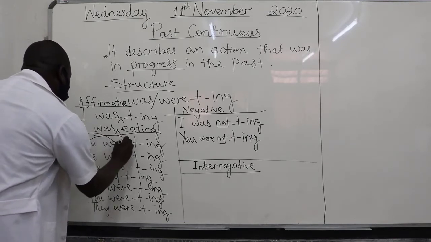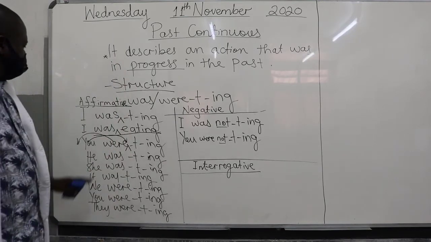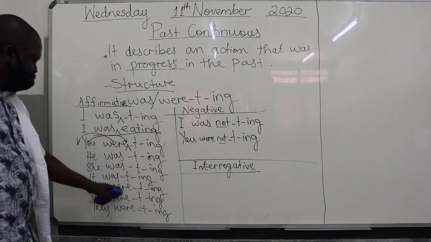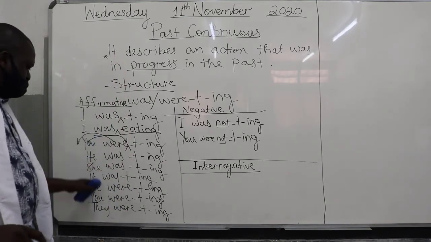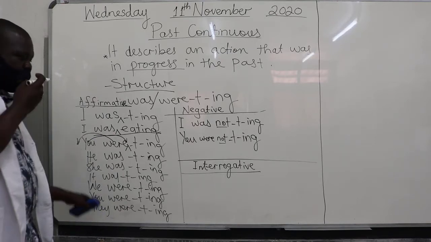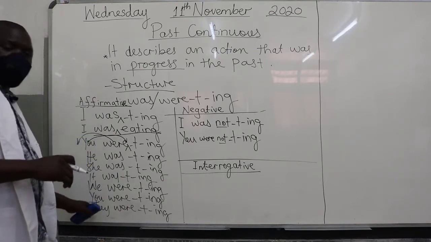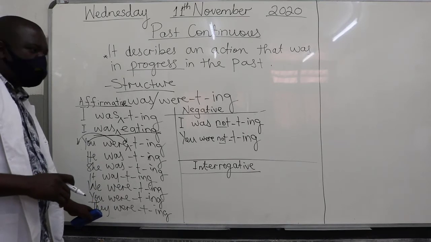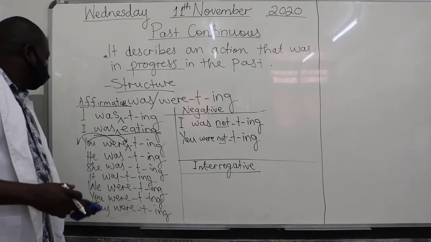We start with the verb, the auxiliary verb, followed by subject pronouns or proper nouns. We can use Tom, John, the children.